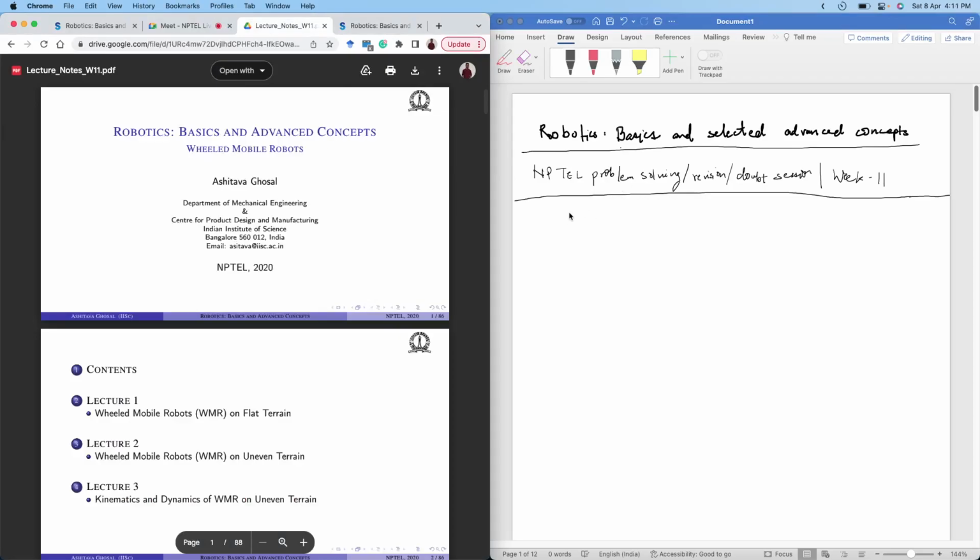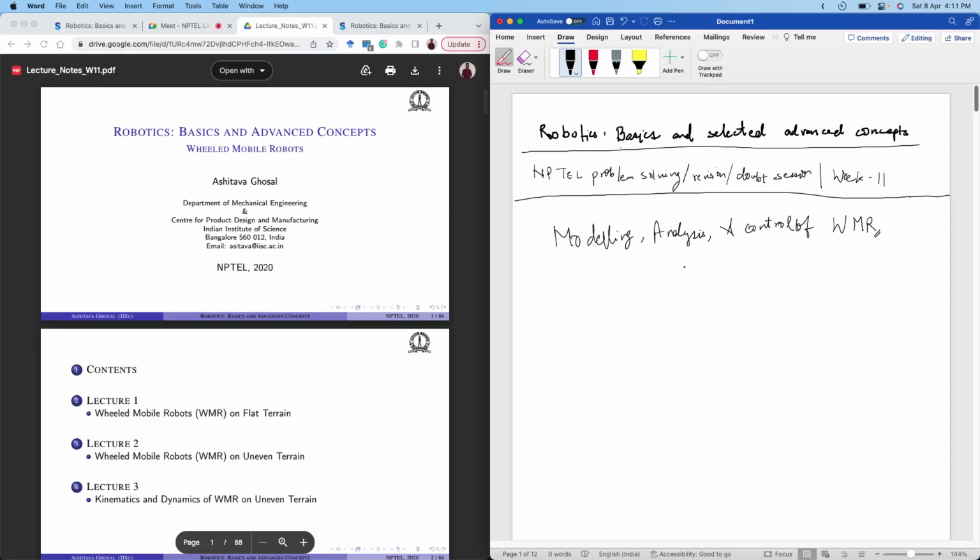This week was all about modeling, analysis, and control of wheeled mobile robots.